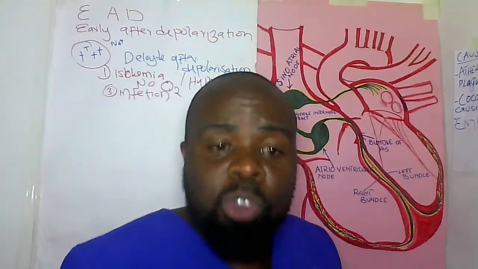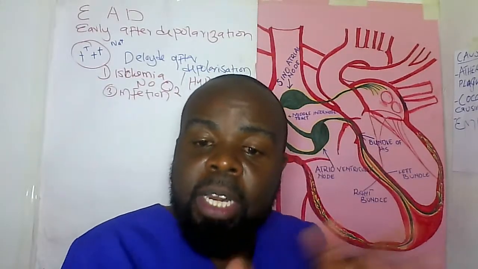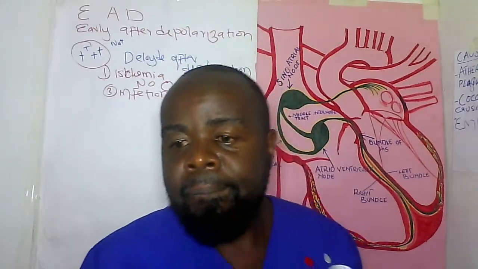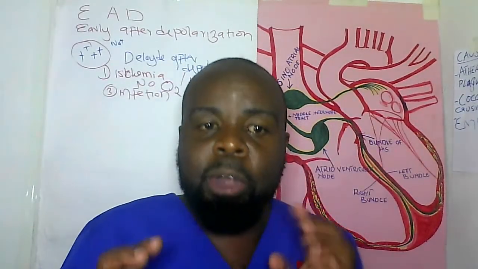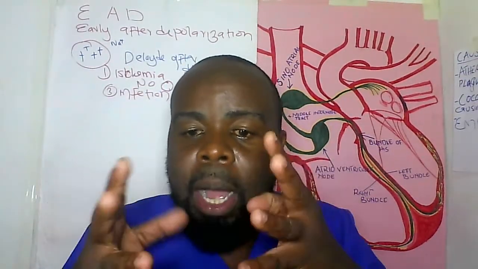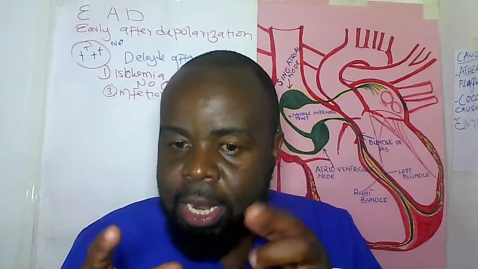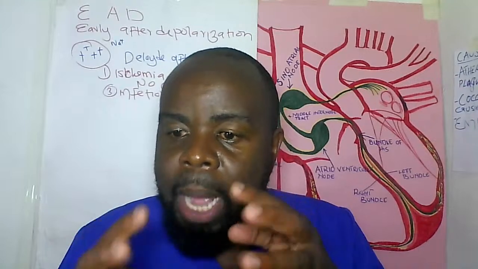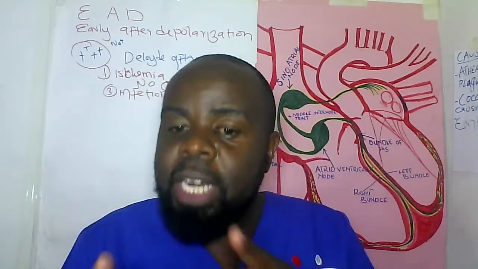When they are beating so fast and you can't pump blood, we said they are called fibrillations. You remember me saying the normal one is pa, pa, pa, pa, pa. Tachycardia is pa, pa, pa, pa, pa, pa, pa, pa, pa, pa. You get it? And then fibrillations.